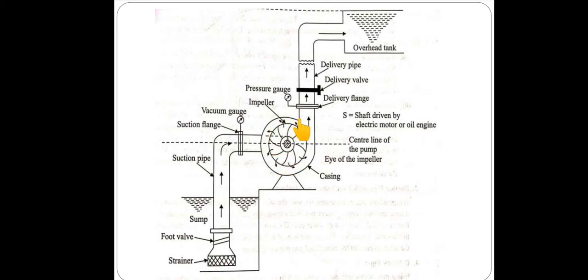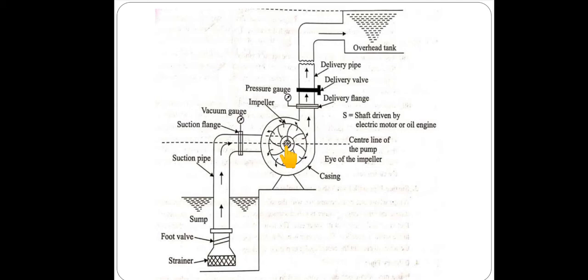So it creates a vacuum in the casing, and that results in sucking of water from the sump. When the electric motor starts rotating, it also rotates the impeller. The rotation of the impeller creates suction at the suction pipe. Due to the suction created, the water from the sump starts coming to the casing through the eye of the impeller.